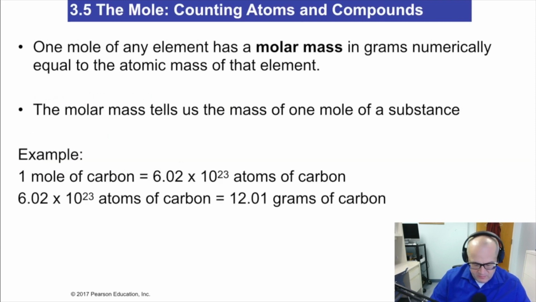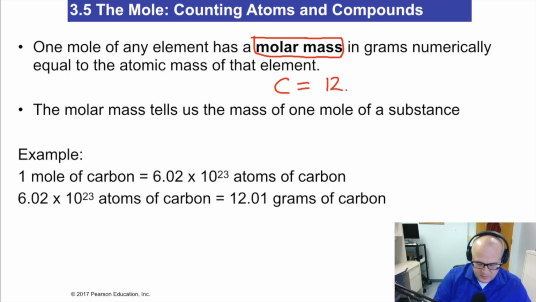Now, 1 mole of an element has what's called molar mass. Molar mass is the mass of 1 mole of a particular element. For example, carbon has a molar mass of 12.01 grams per mole.